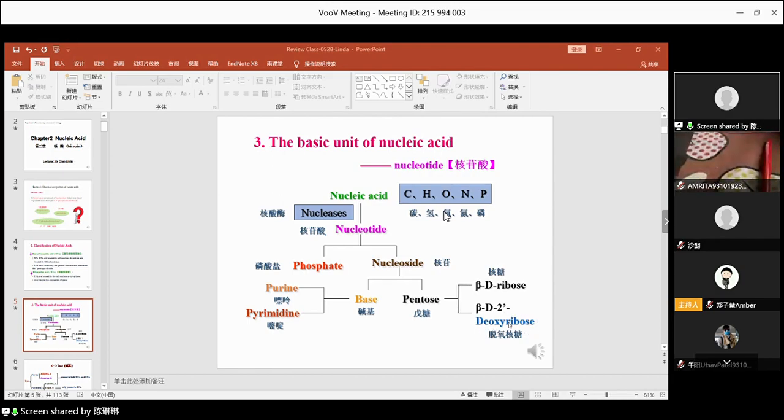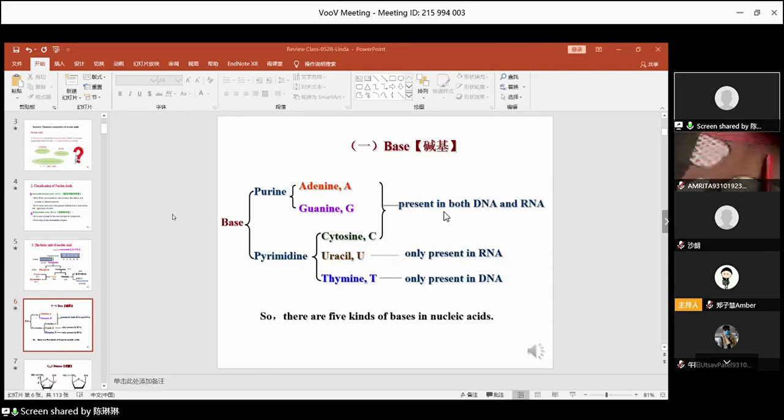And there are many differences between DNA and RNA. The first difference is the base difference, okay? And this slide shows us the bases. In this part, you should remember the base difference between DNA and RNA.